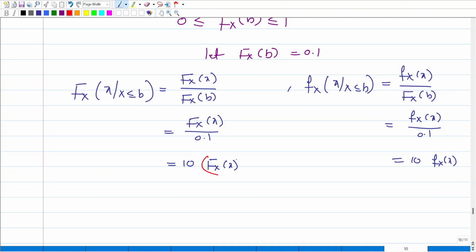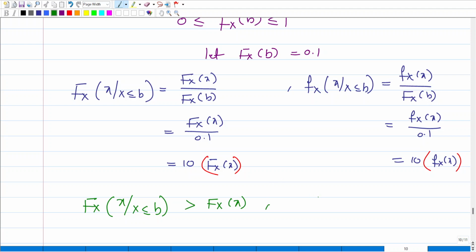So from this we can say that the conditional distribution function is greater than the original CDF Fx of x. How many times? It is 10 times greater than that.